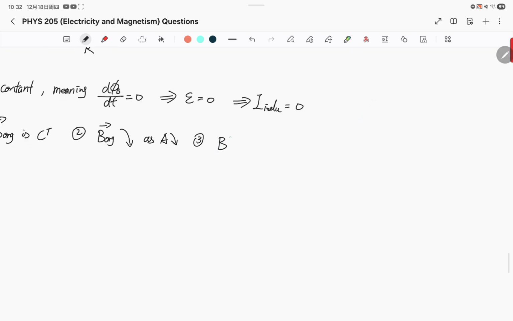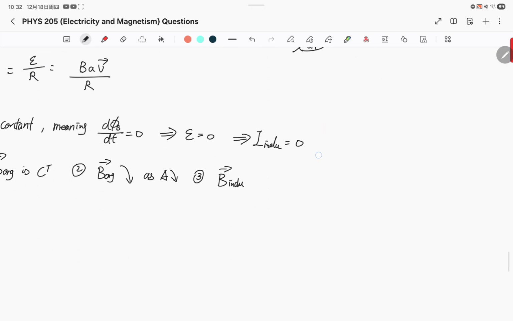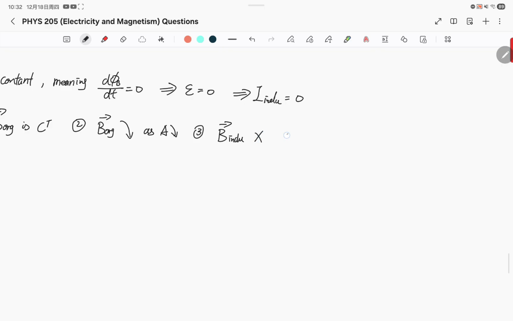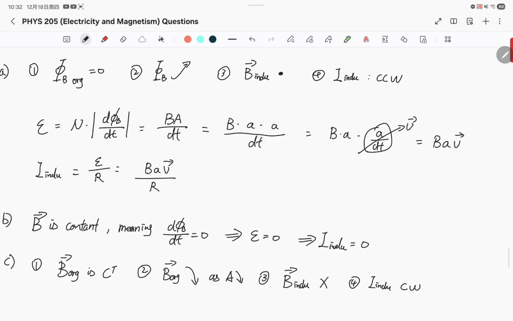So B induced is in the same direction, into the page, and using your right hand rule, I induced flows in the clockwise direction.